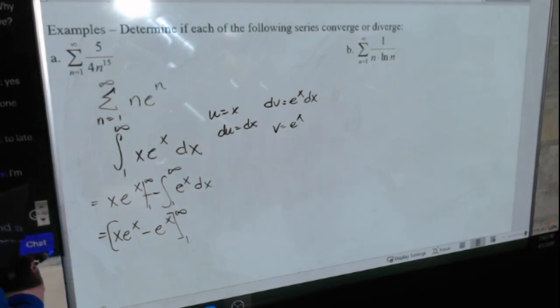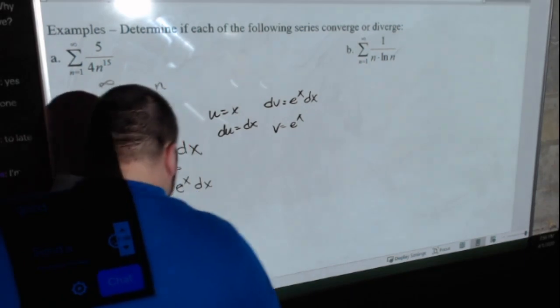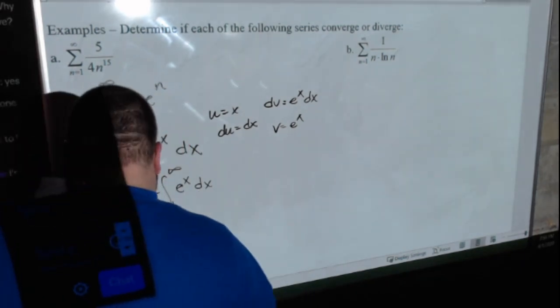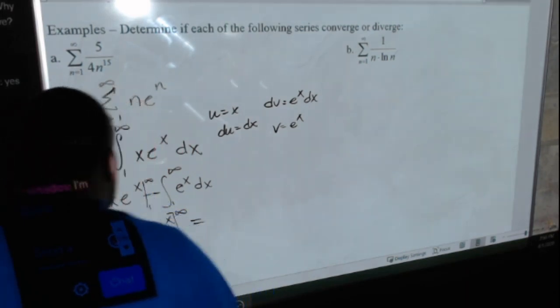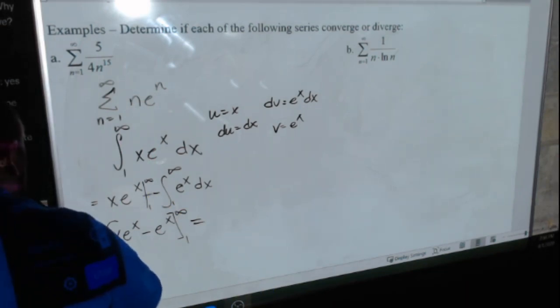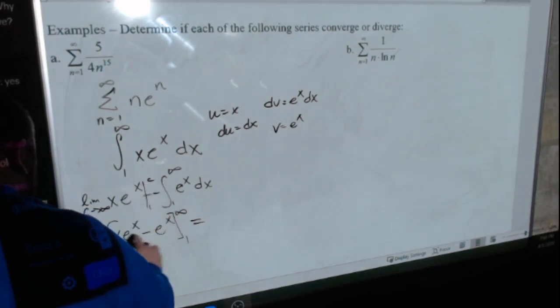Now it's best, first I guess let's just plug in. Actually, let me go back for this one, and let's go ahead and do the limit. I think it might help with the way you see it.